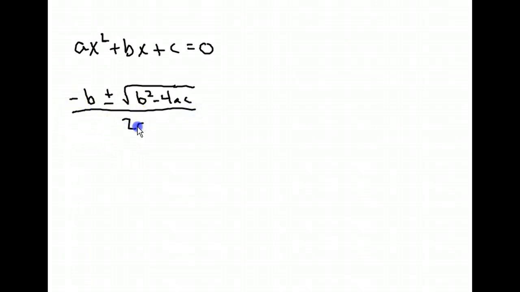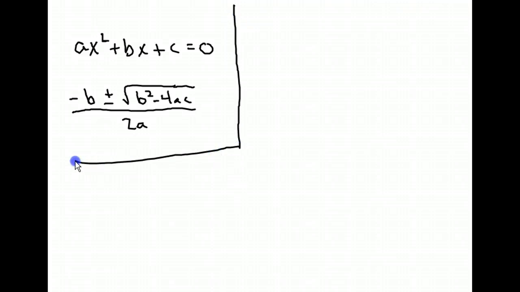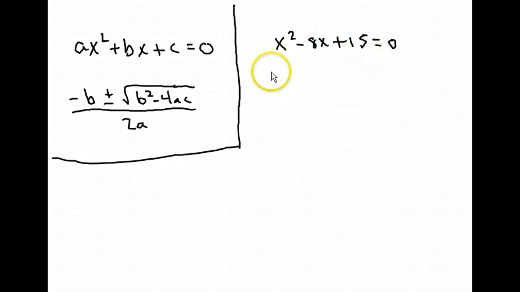So let's say you're given a problem, and the problem said x squared minus 8x plus 15 equals 0, and they wanted you to find a solution. Well, your a would be 1, your b would be negative 8, and your c would be 15.